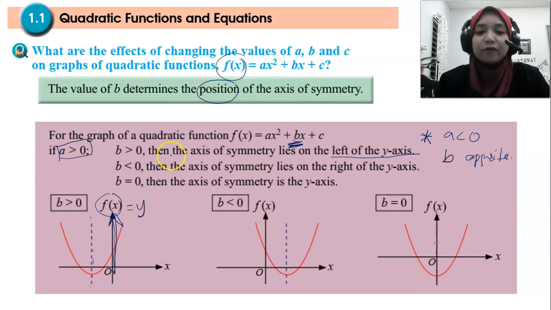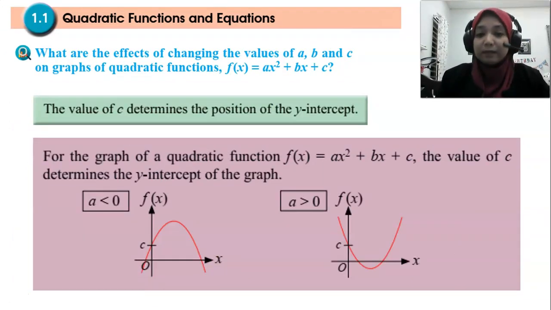Opposite macam mana? For A greater than 0, kalau B greater than 0, on the left hand side. So, for A less than 0, B dia greater than 0, your graph will be on the right hand side. Tu je, the opposite.